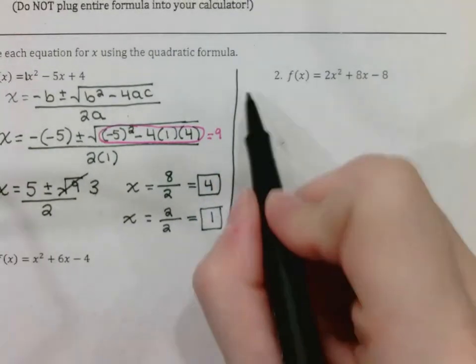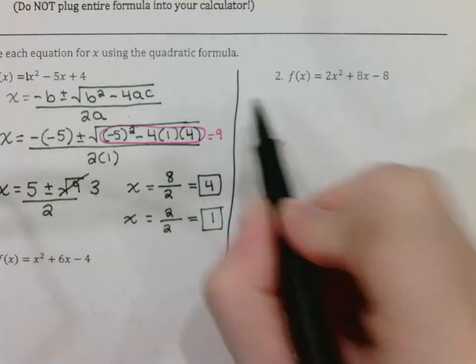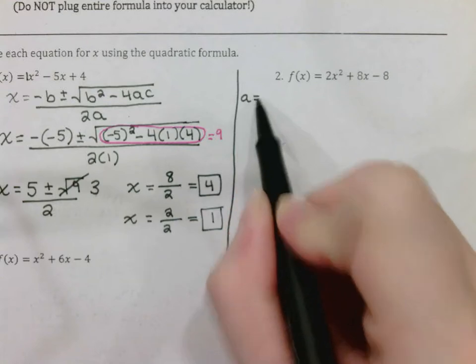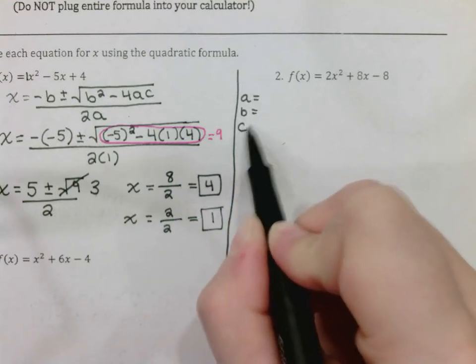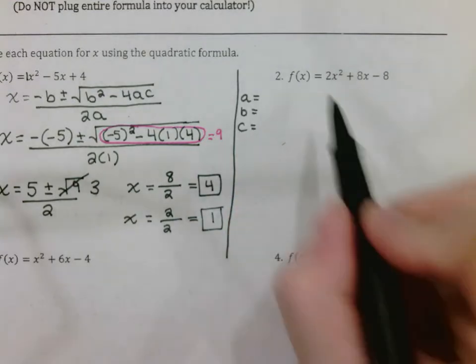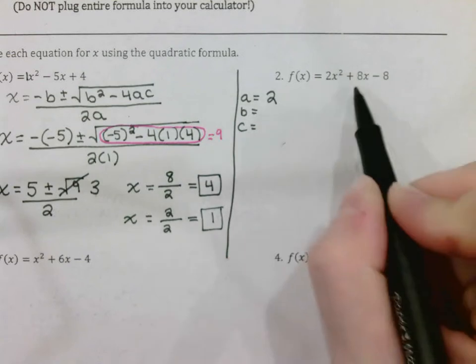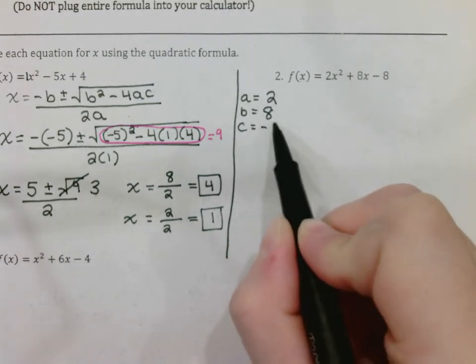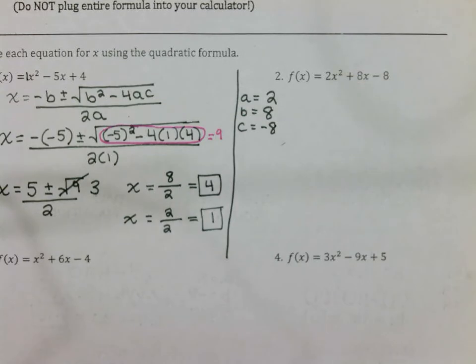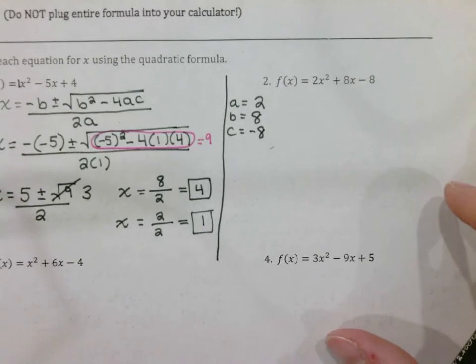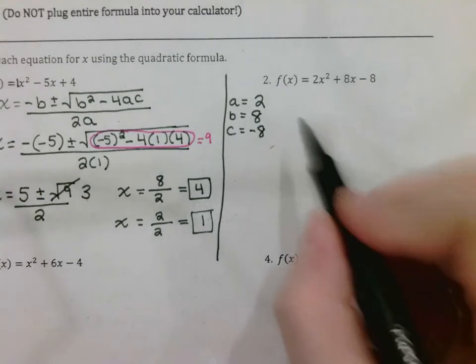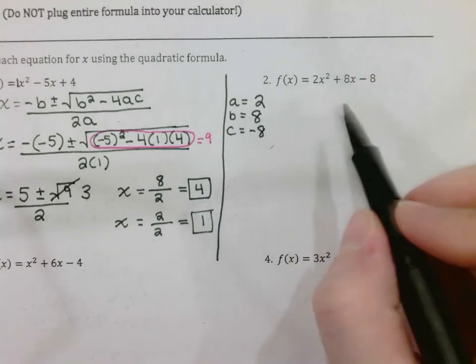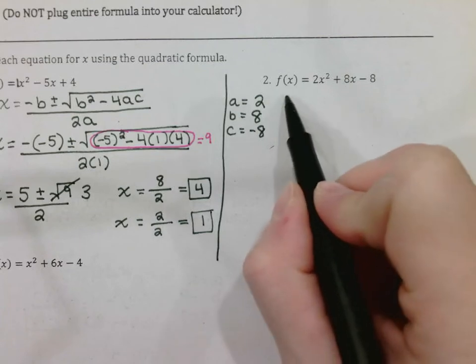I'm going to start the same way by finding A, B, and C. So in this case, A is 2, B is 8, and C is negative 8. And again, I'm going to rewrite the quadratic formula. You don't have to. You can just start plugging in, but I like to show every single step, and it helps from making errors sometimes.